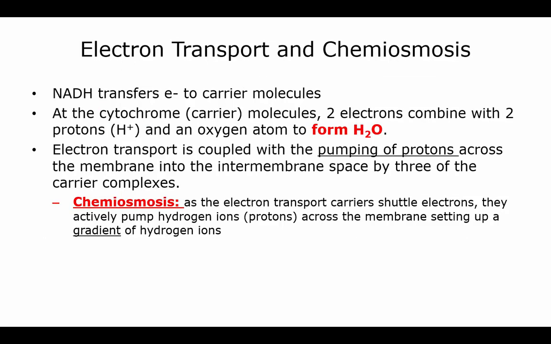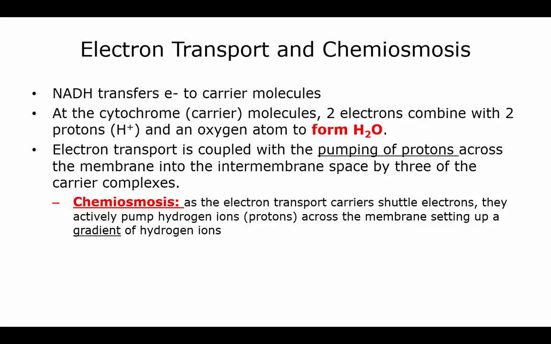We look at the electron transport and chemiosmosis. That carrier, that NADH, is going to transfer the electrons to the carriers. And the carriers in the electron transport are called cytochrome molecules. And here two electrons are going to combine with two hydrogen ions, which are just protons, and an oxygen atom, because remember oxygen is the final acceptor, and they're going to form water.